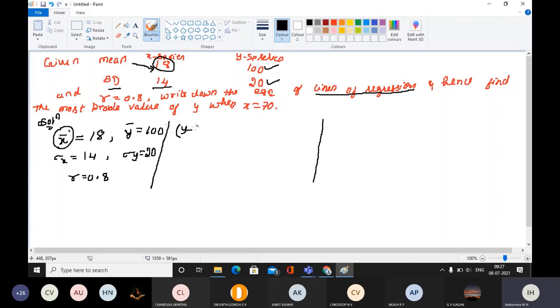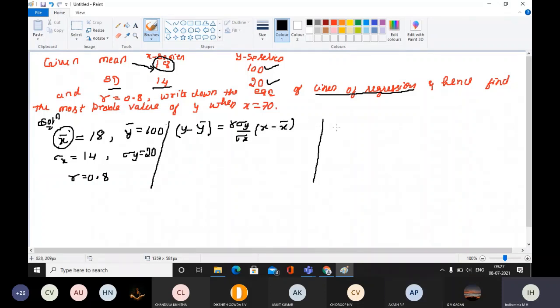Y minus y bar is equal to r into sigma y by sigma x into x minus x bar.